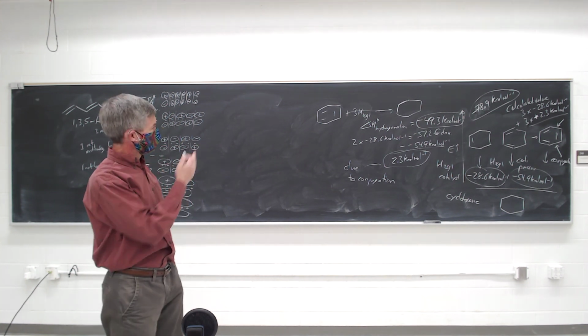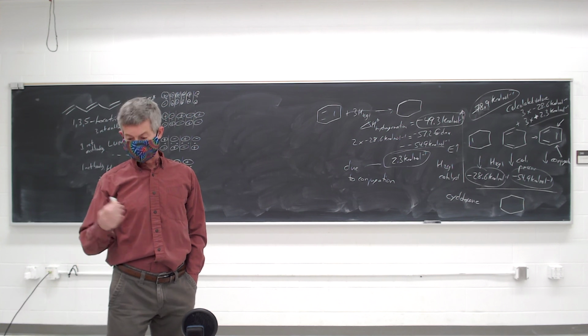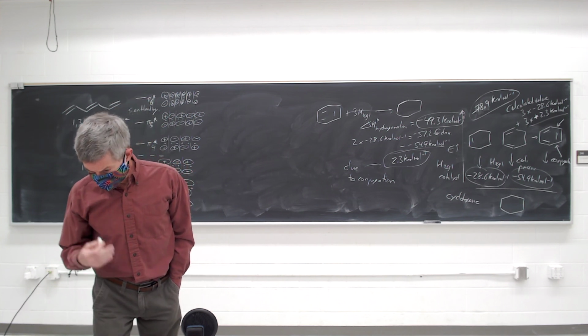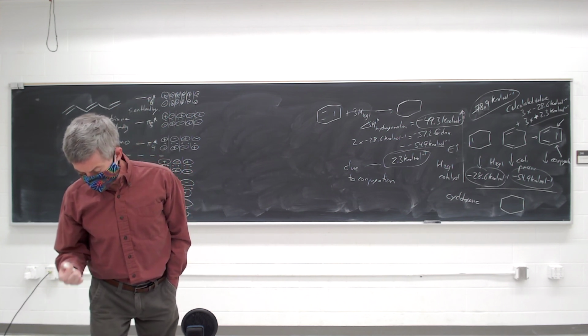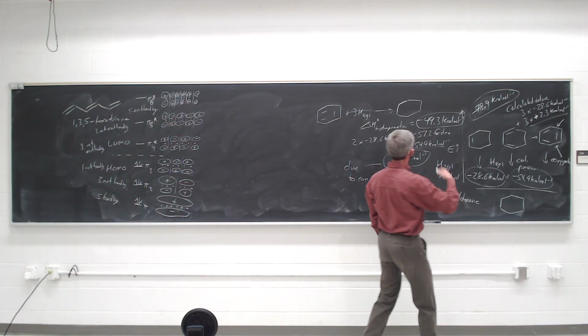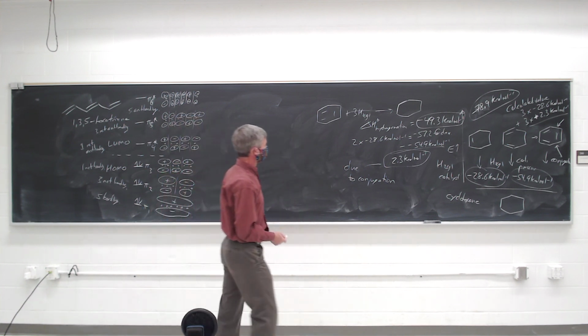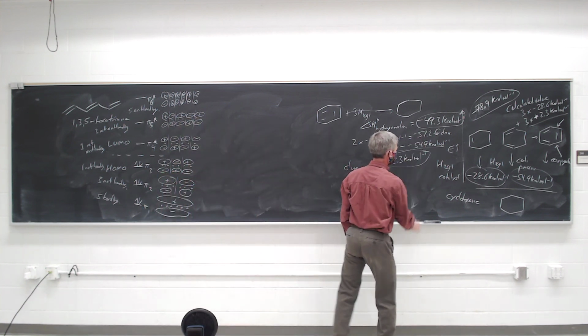We've already predicted that it should be 6.9 kilocalories per mole more stable as a result of the conjugation. But in addition to that, this is minus 49.3. So it's now another 29.6 kilocalories per mole even more stable.